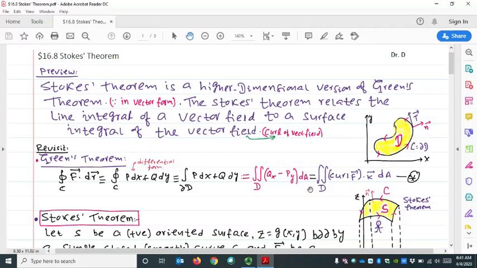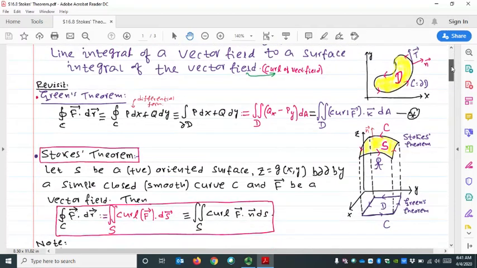Now let's state the Stokes theorem. Let me scroll down. That's better. So the Stokes theorem says: let S be a positively oriented surface given by z equals a function g of x, y, bounded by a simple closed curve C, and let capital F be a vector field.